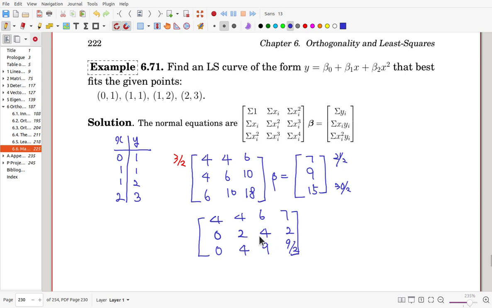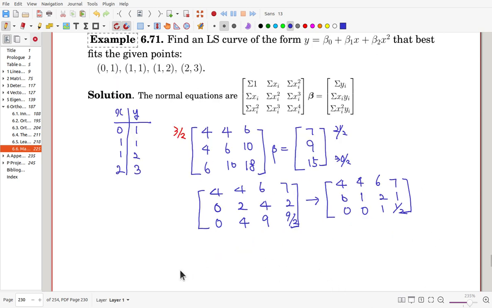Now, first we write down the same first row, and for the second row 0, 1, 2, 1. Then twice subtracted from the third row gives 0, 1, and 4 subtracted, the remainder part is now 1/2.